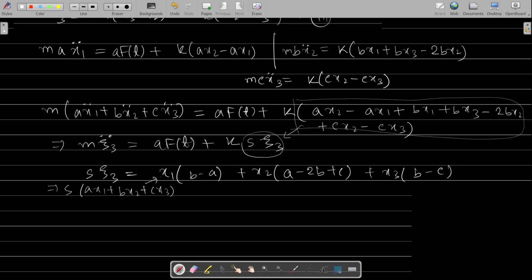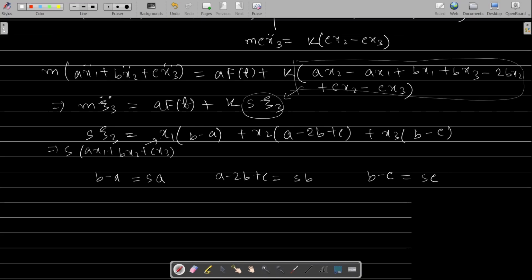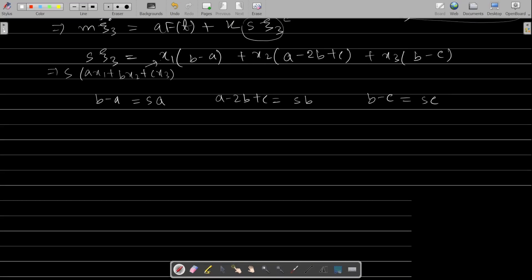So if we equate the coefficients of x1, x2, and x3 on both sides, what we would find is b minus a should be s times a, a minus 2b plus c is s times b, and b minus c is s times c. Right?